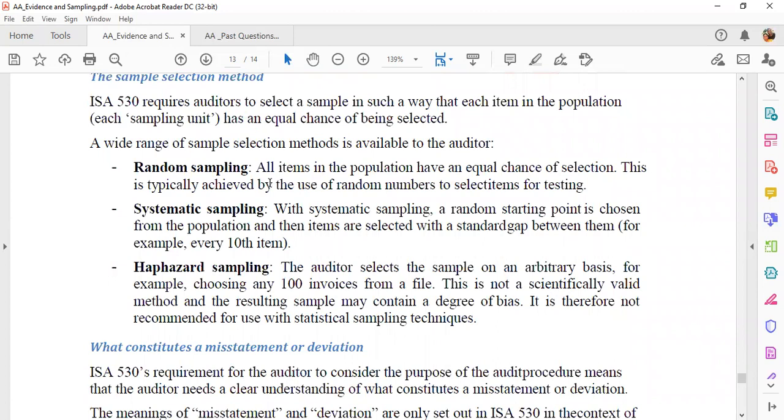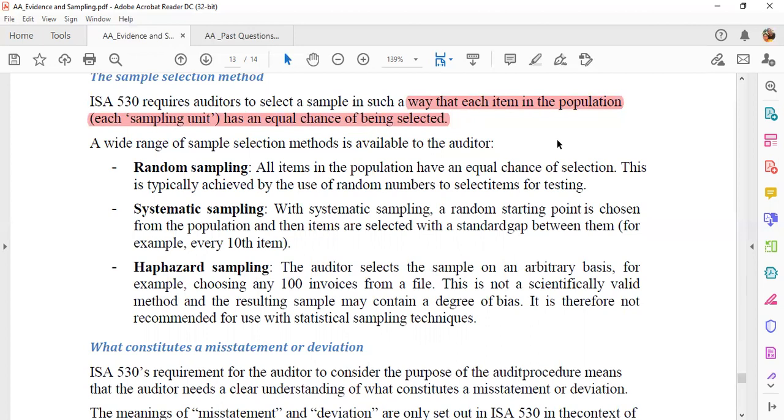ISA 530 requires the auditor to select a sample in such a way that each item in the population, the sample unit, has equal chance of being selected. So that means that ISA 530 is even advocating for statistical sampling, because it is under statistical sampling that each item within the population has equal chance of being selected.